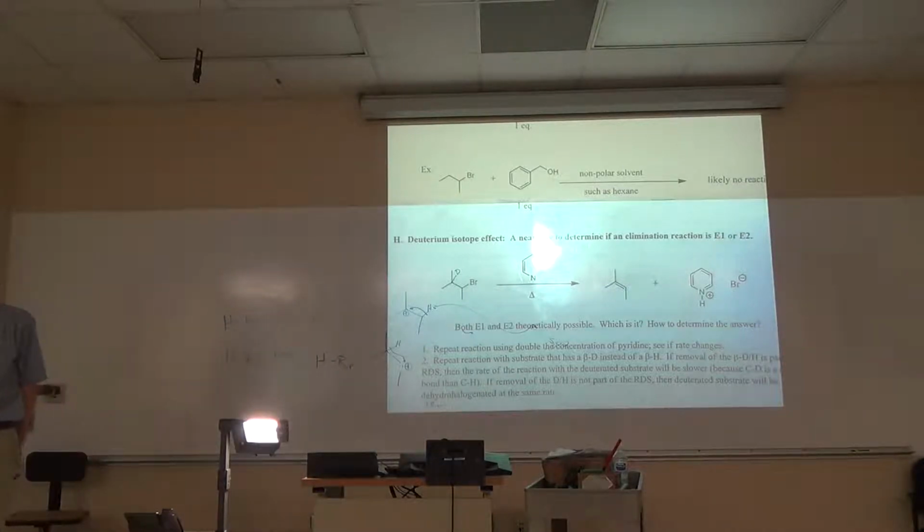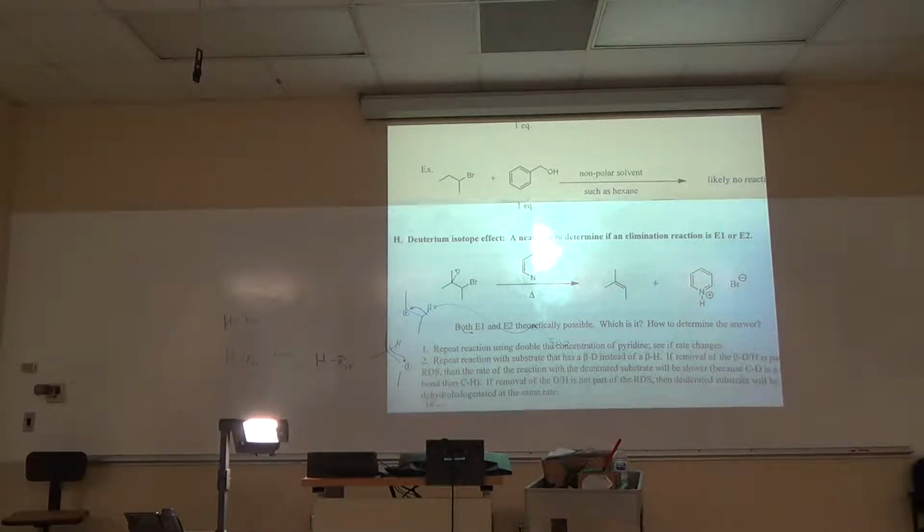You have to make this compound with a deuterium. Now the important thing to know is a C-D bond is stronger than a C-H bond. Everybody knows what deuterium is, right? Yes.